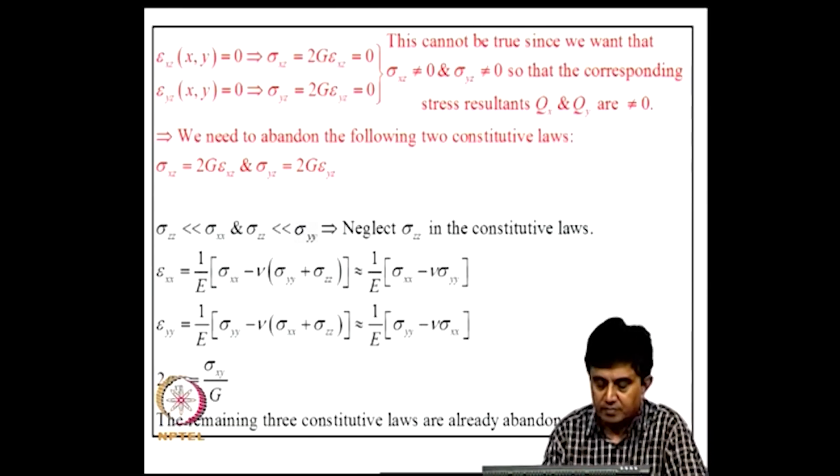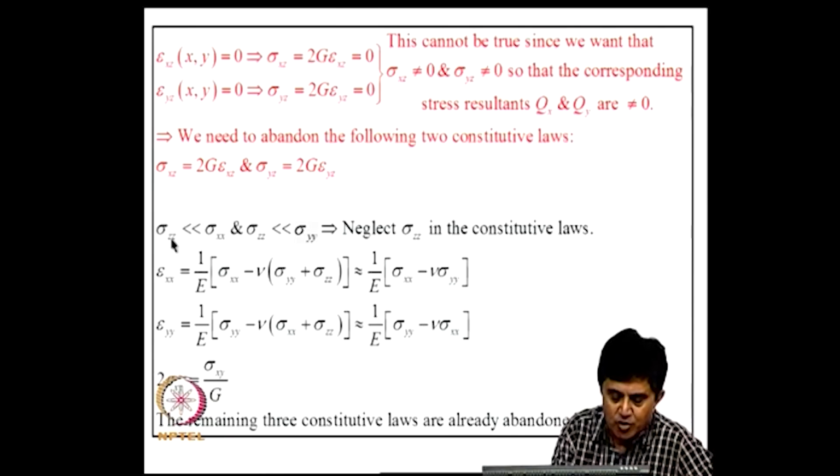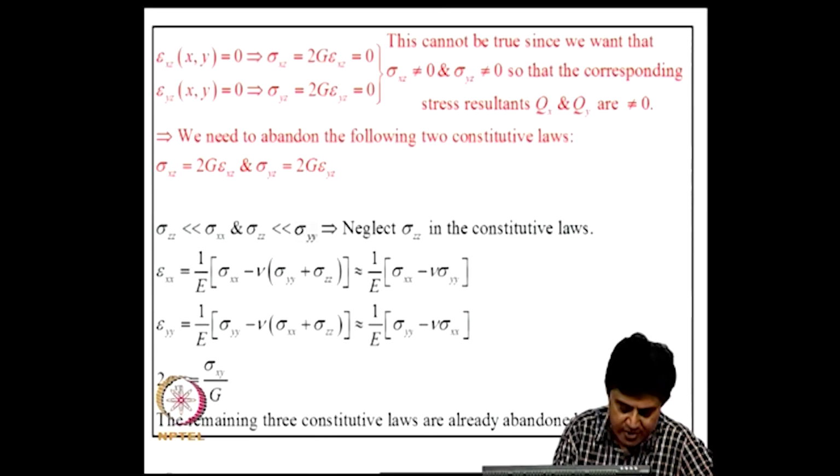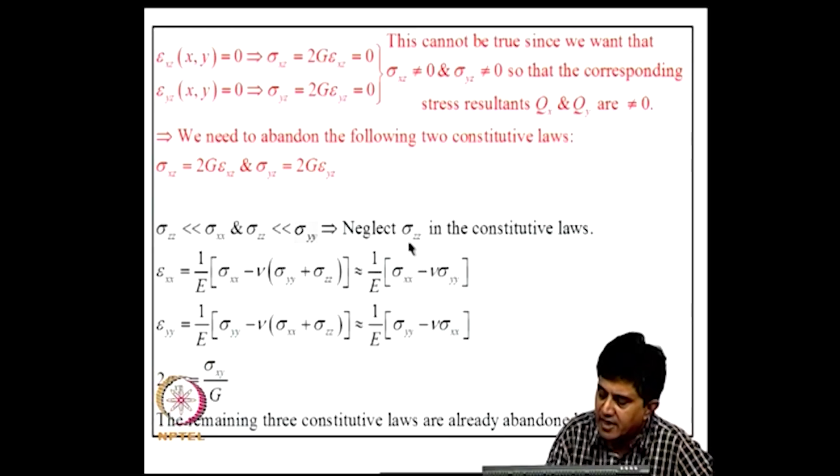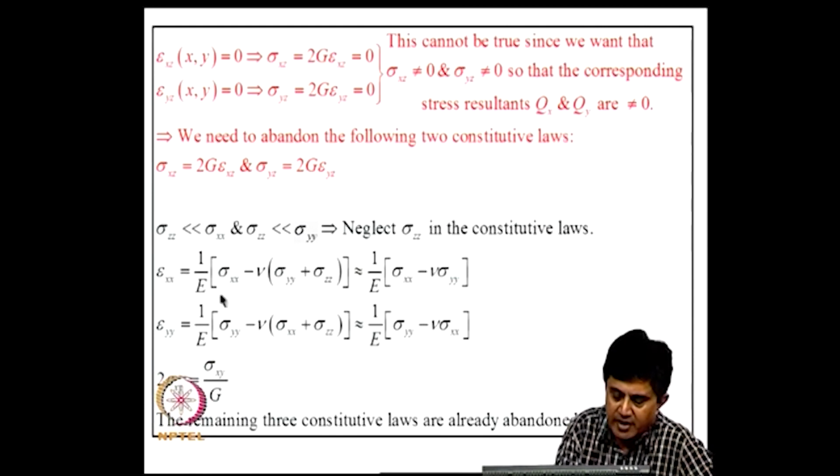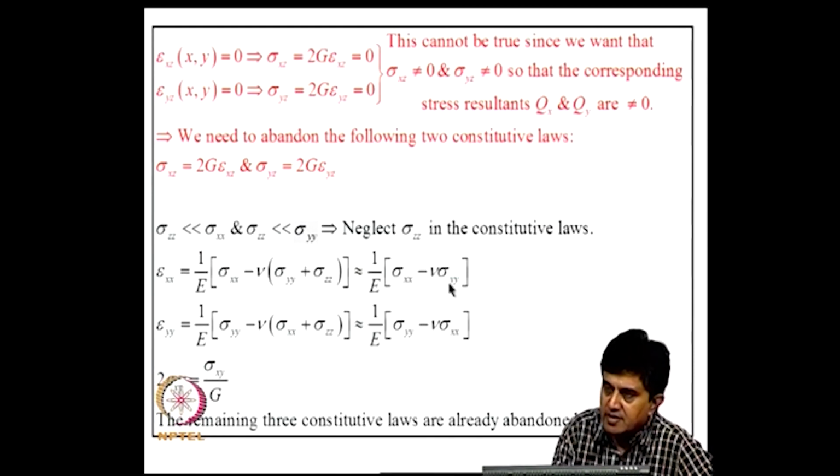Now next we are assuming that sigma xx is much larger than sigma zz and sigma yy is also much larger than sigma zz. So we can neglect sigma zz in the formulation of constitutive laws. So we will write epsilon xx, actually it is given by this, now we will knock off this term and retain only this.